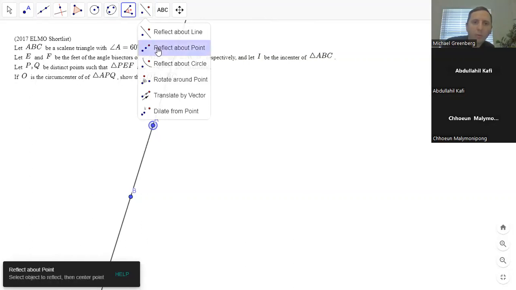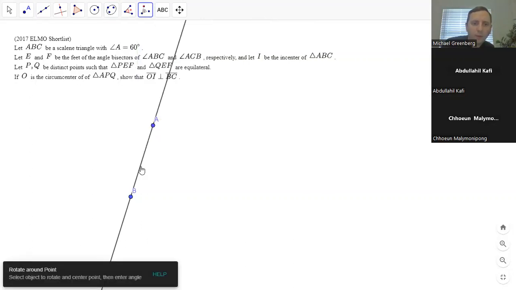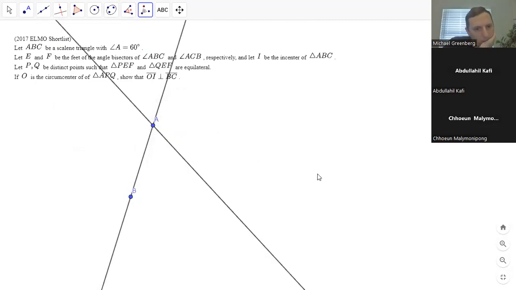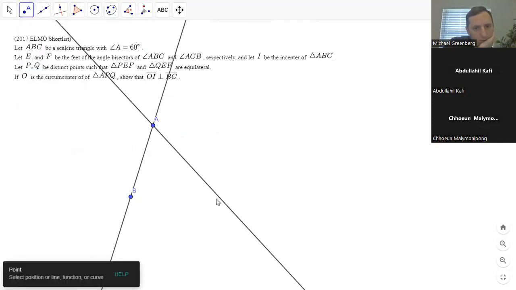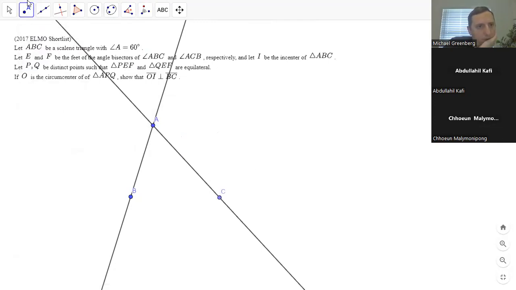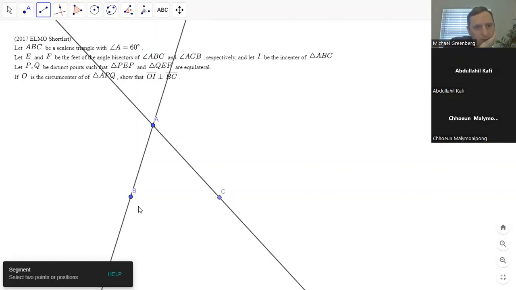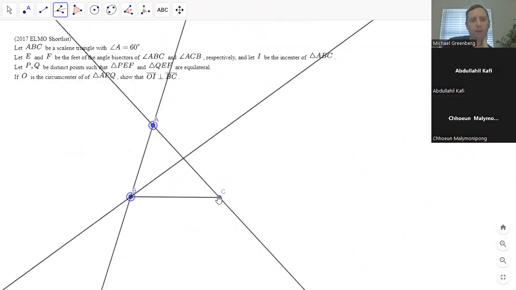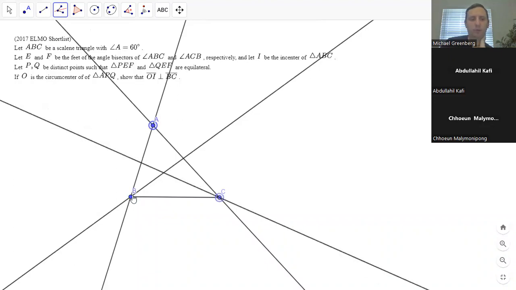I'm going to want to do rotate about point 60. And this will be C. E and F are the angle bisectors. So those two angle bisectors should make an angle of 120. I've seen this before.